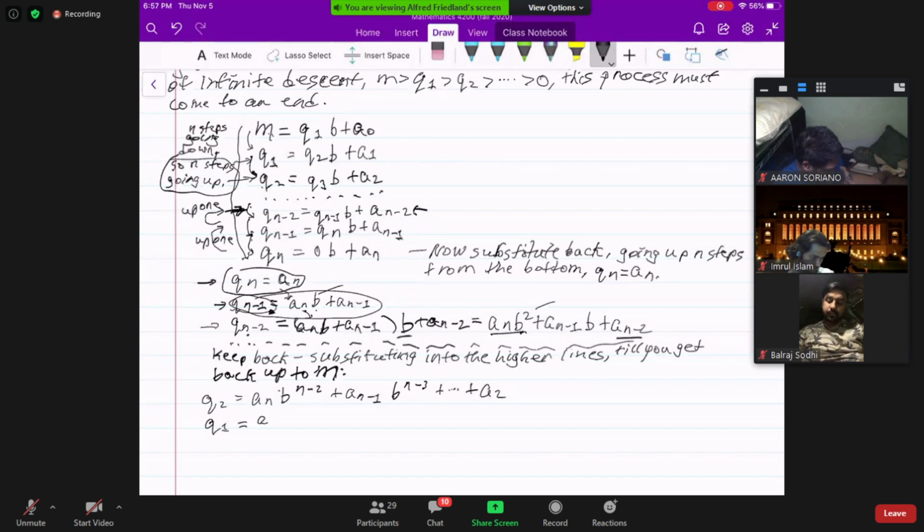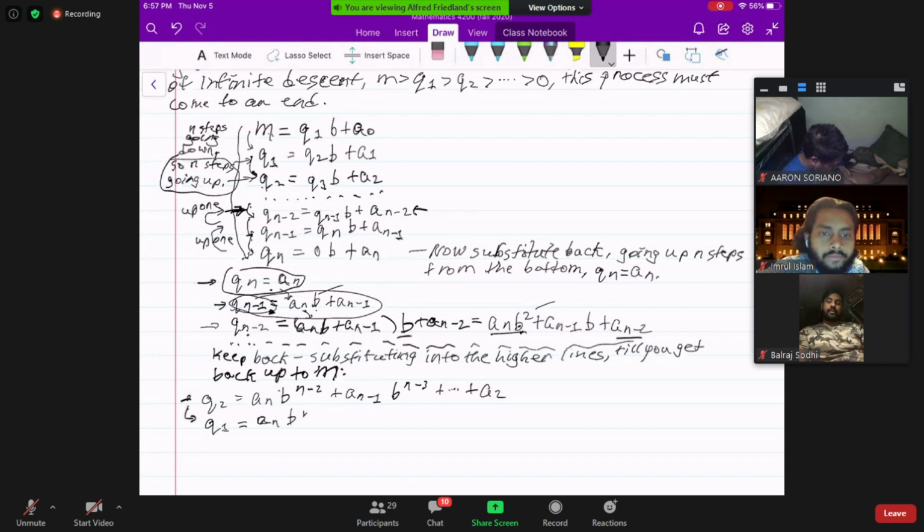So the exponent is increasing. Here the exponent of B is 0. Here the exponent on B is 1. Here the exponent on B is 2. So we increase the exponent from Q sub 1 to Q sub 2.